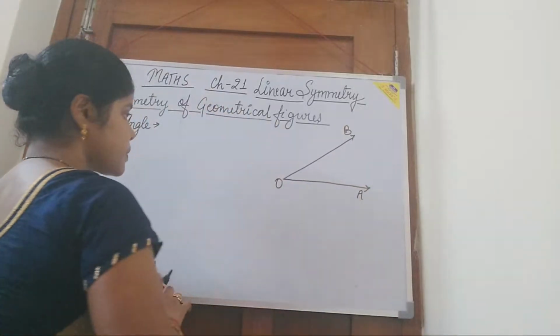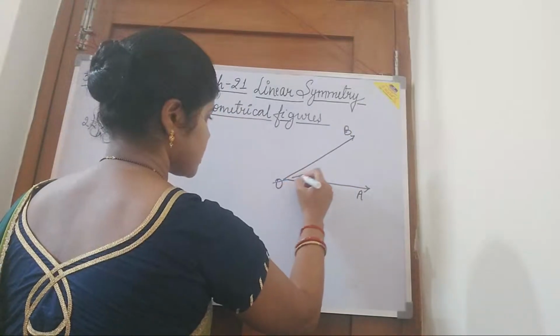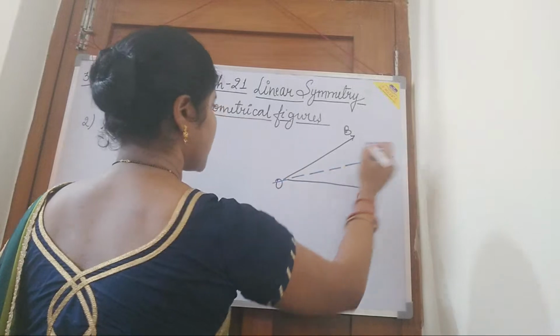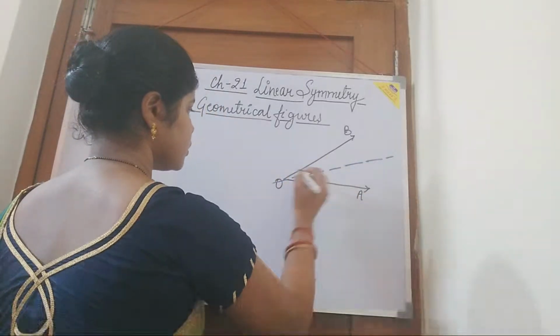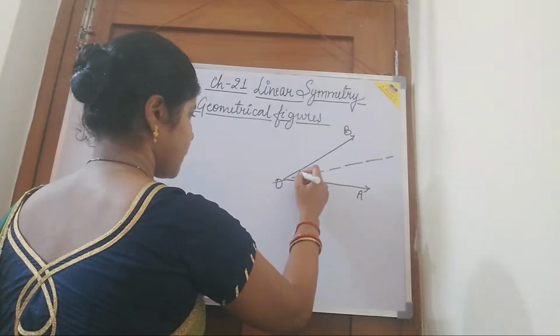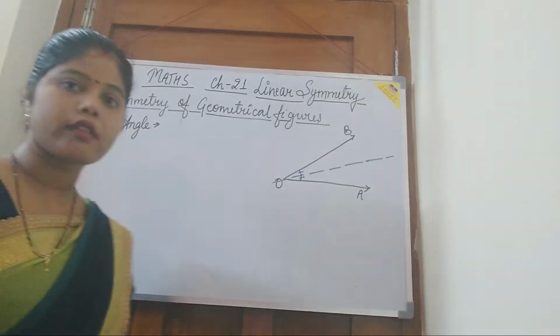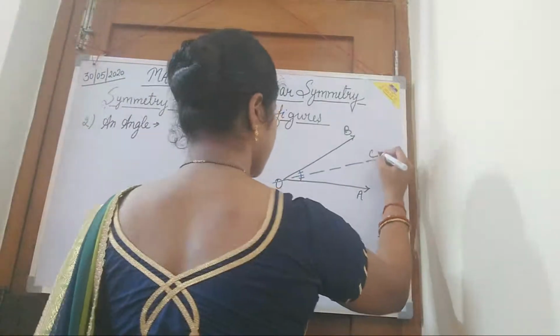So the line of symmetry of this is just the bisector of this angle. This dotted line divides this angle into two equal parts. Okay, so two equal parts, name it as C.